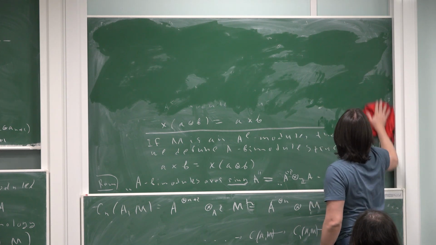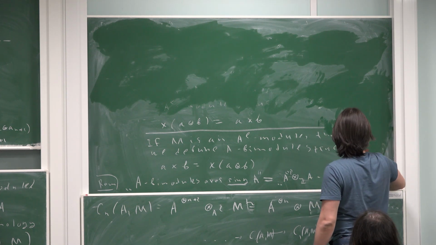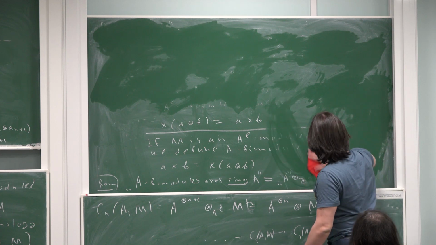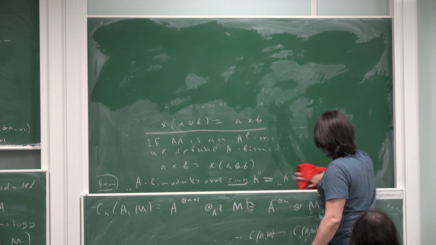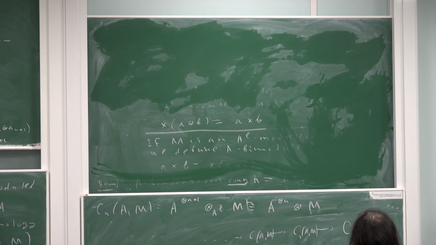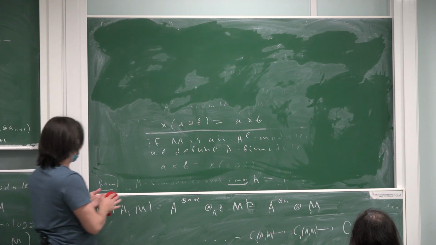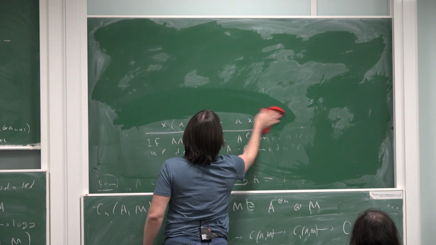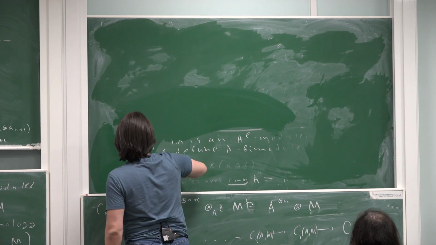So to interpret Hochschild homology and cohomology as Tor and Ext, we will need some more definitions from homological algebra. In fact, it's called relative homological algebra.